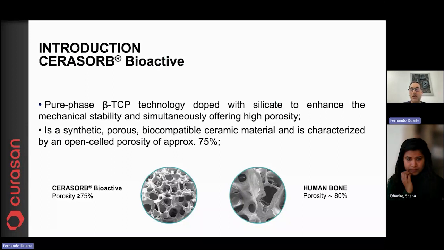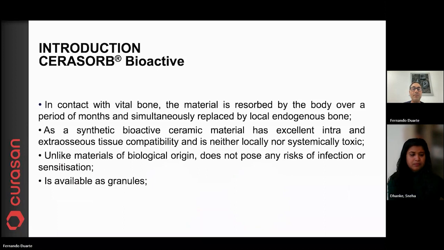Of course, we know that human bone has a porosity of around 80%, which means that the YW bioactive is very similar to human bone in terms of porosity. In contact with vital bone, this material is resorbed by the body over a period of months and simultaneously replaced by local endogenous bone.